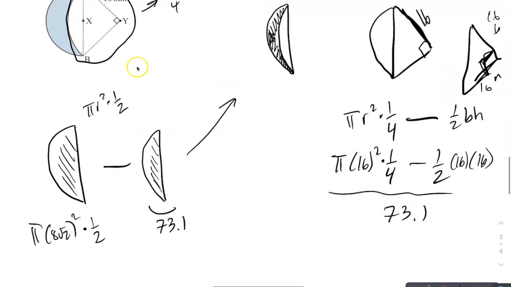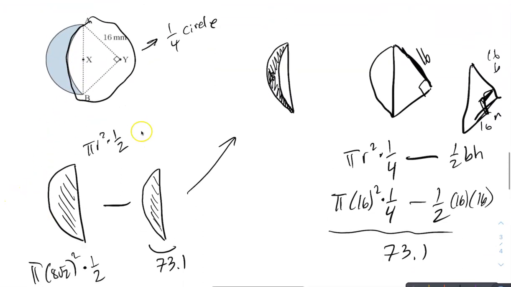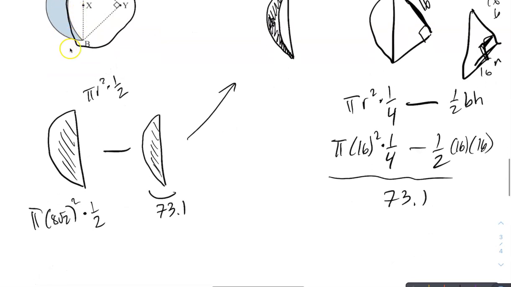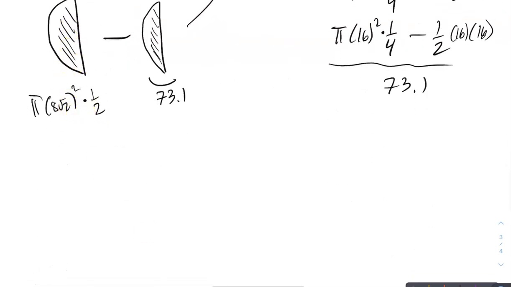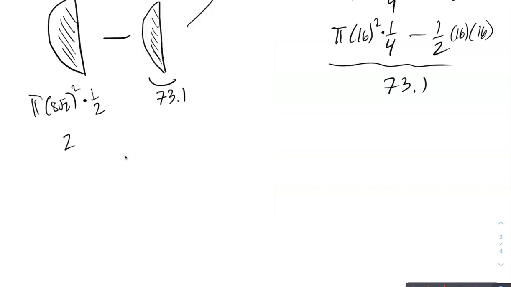And that's 73.1. Now I want to figure out the area of this whole half circle, which is right there. I subtract off the little portion I just found, then I get the shaded region. So I'm going to put this in our calculator. It's pi times 8 root 2, squared times 1/2. 201, 3 sig figs, let's say about 201.